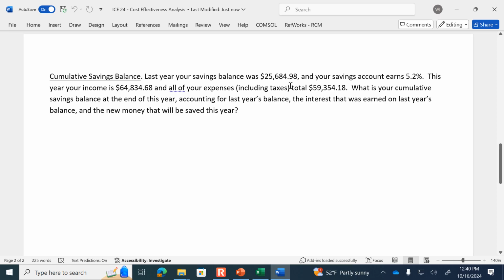This year's cumulative savings balance will have three components going into it. It'll be the difference between your income and expenses, and the earnings on last year's balance, plus last year's balance. So calculate how much will be in your account at the end of this year.